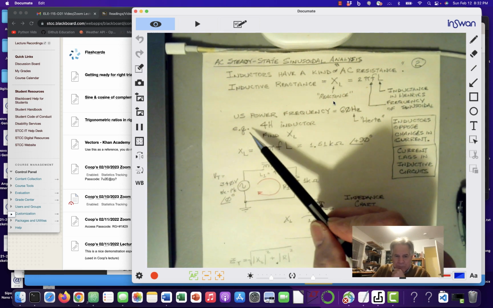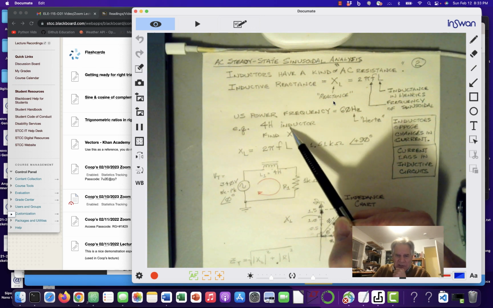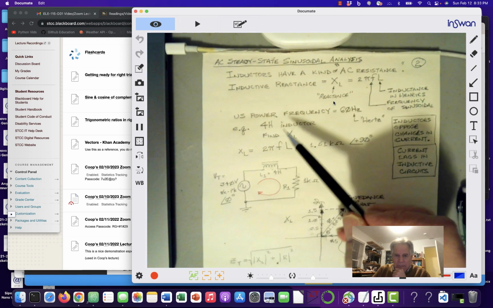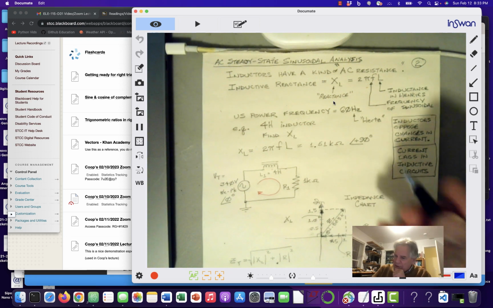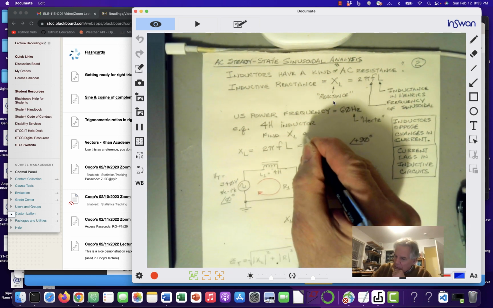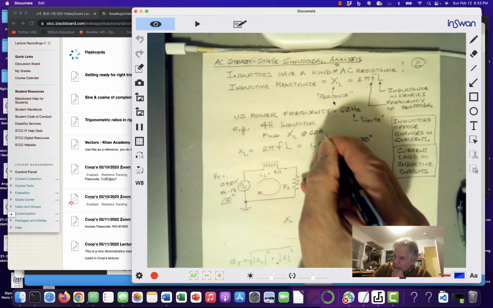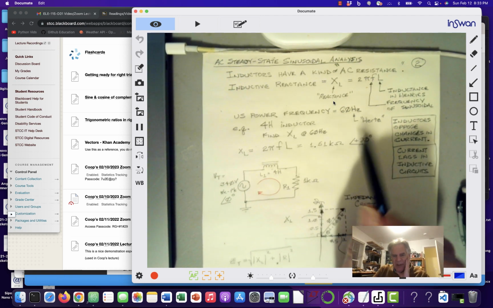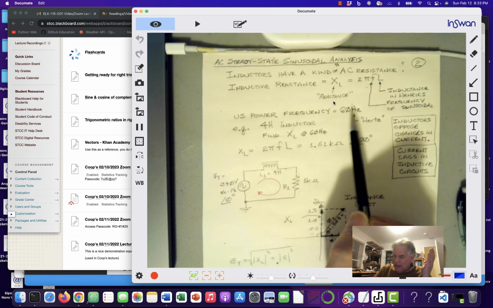For example, a 4 henry inductor. This would be a big honking inductor. Find XL at 60 hertz. This number in Europe, by the way, is 50, while in Japan it may be 60.